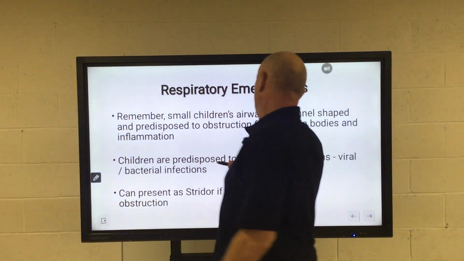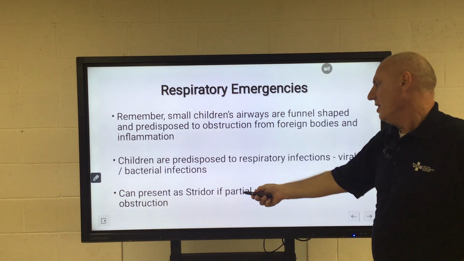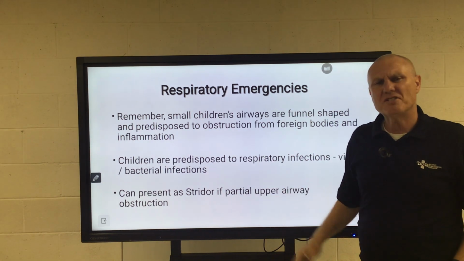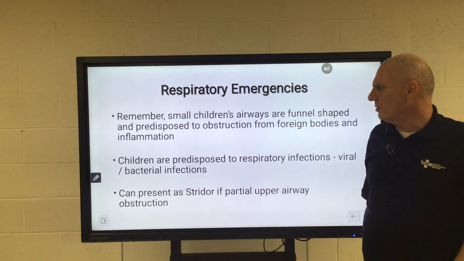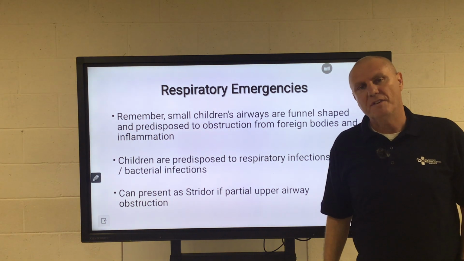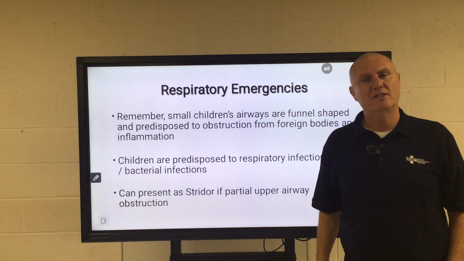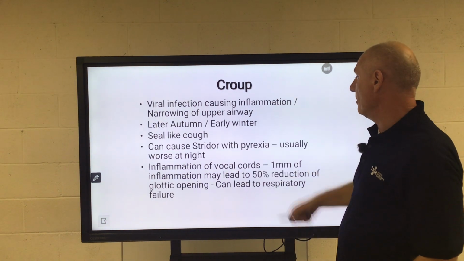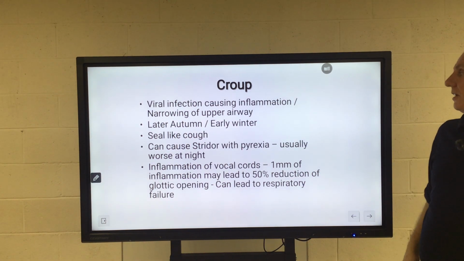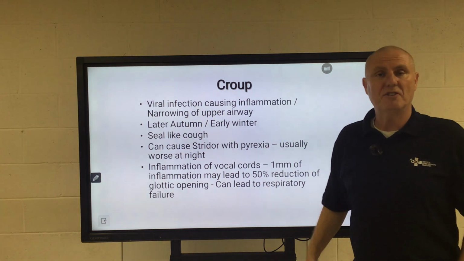So, children are predisposed to respiratory infections. It can present as stridor if we get a partial upper airway obstruction. And the inflammation of those blood vessels there, although it's really small, in young children this can represent anything up to a 50% loss of cross-sectional area to shift air in, and it's particularly problematic. Viral infections cause inflammation, as do bacterial. Narrowing of the upper airway, this is our croup.